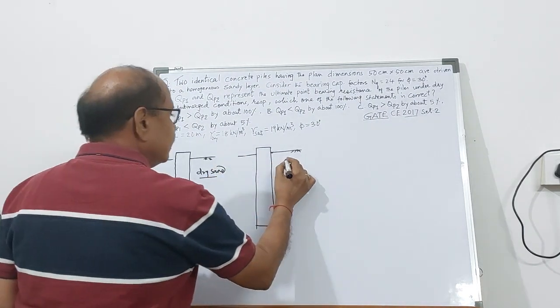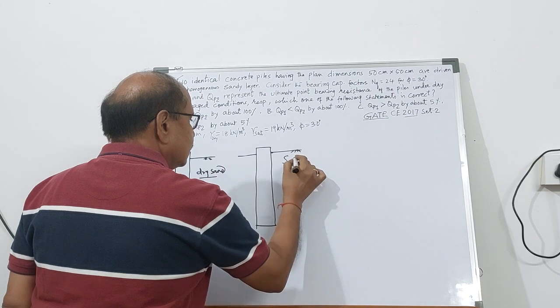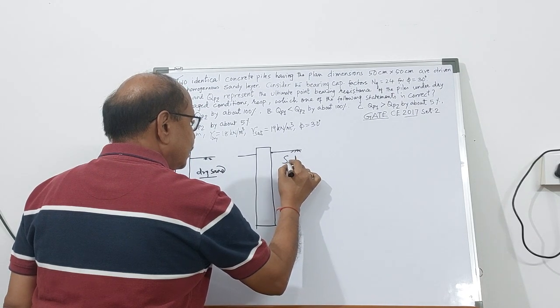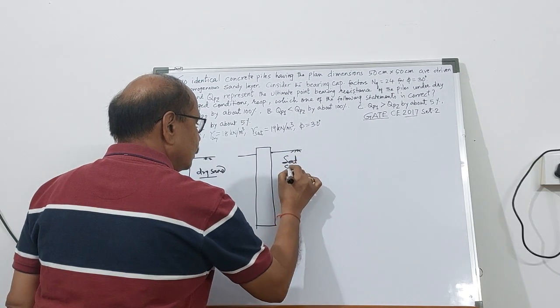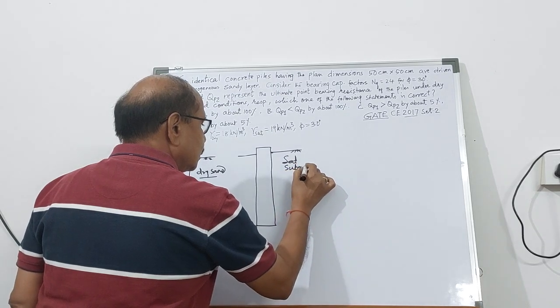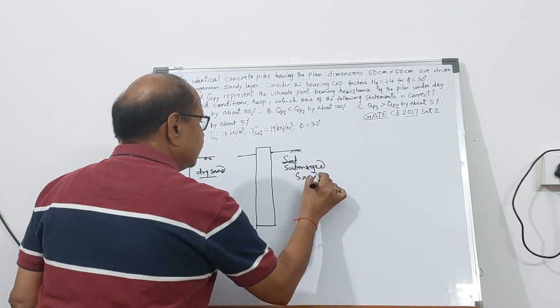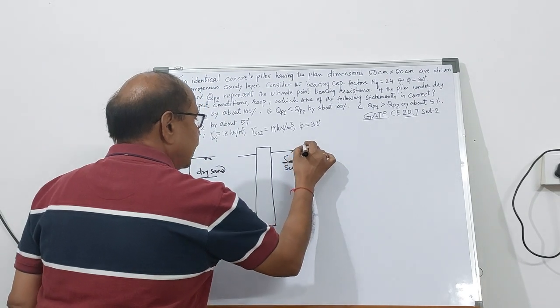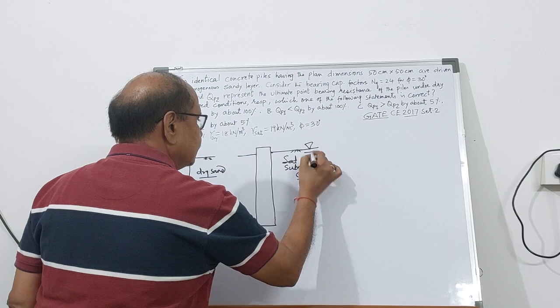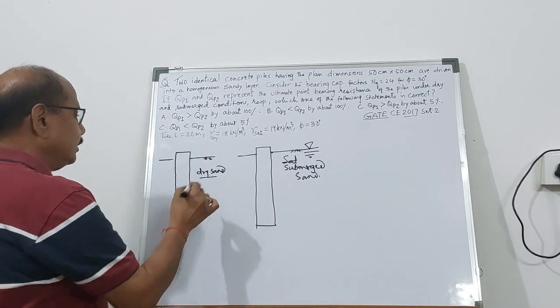So it's given as submerged sand. So that means the water table is here, isn't it? And this is dry.